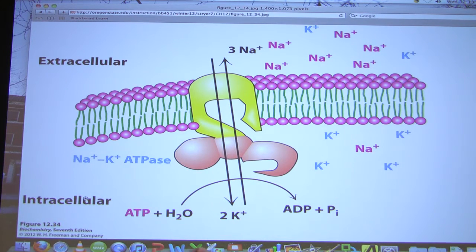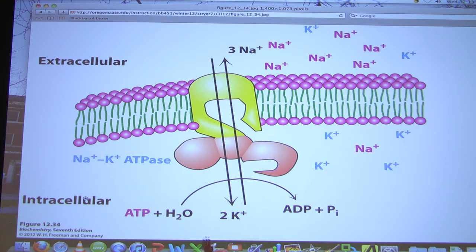Now, because at least one molecule is being moved against a concentration gradient, energy is required. But the definition of active transport is not that energy is required. The definition is that at least one molecule is being moved against a concentration gradient.